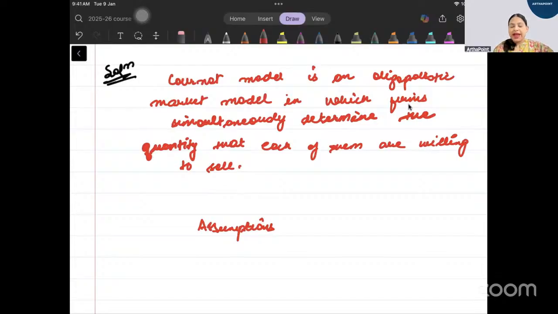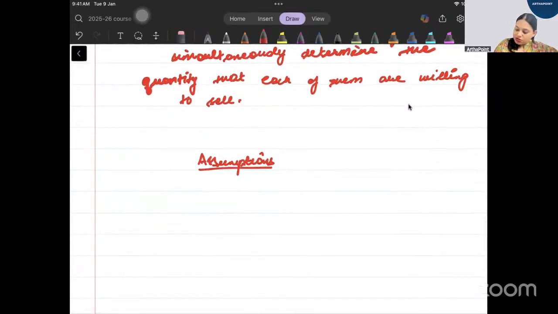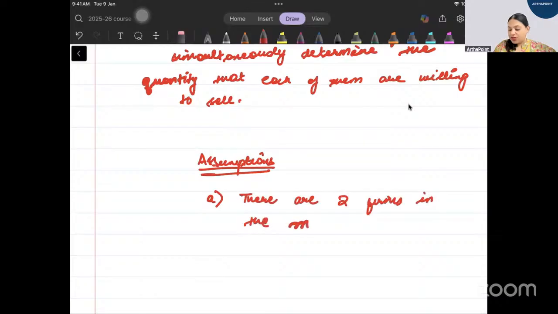Because you simultaneously decide how much you are willing to sell, ultimately you have decided how much will be there in the market. Then assumptions. The first is that there are two firms in the market. For the model we are doing, we are assuming two firms, though the Cournot model can be solved for n firms also.